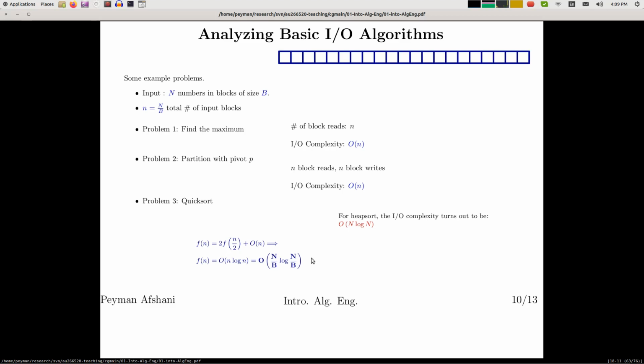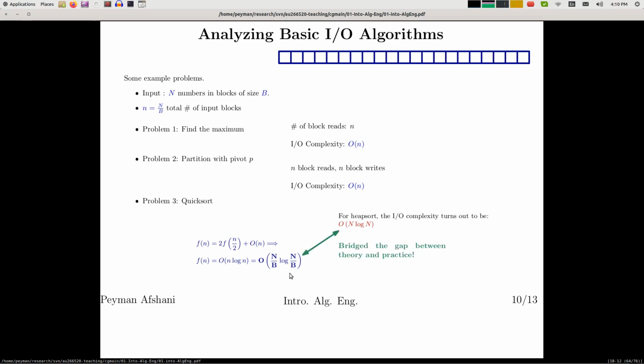So the running time of heap sort is n log n, and the number of IOs of heap sort is n log n. So every memory read in heap sort should be accompanied by a block read. And now when we compare these two things, we realize that this one is a factor b larger than this one. So therefore heap sort has a much worse IO complexity compared to quicksort.